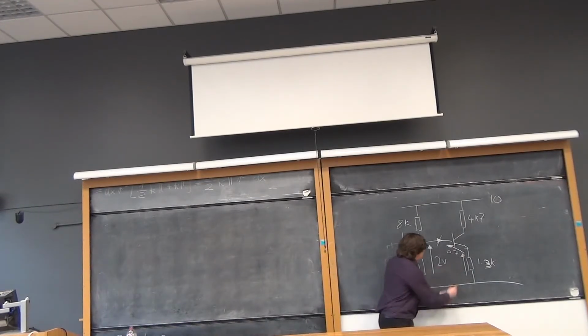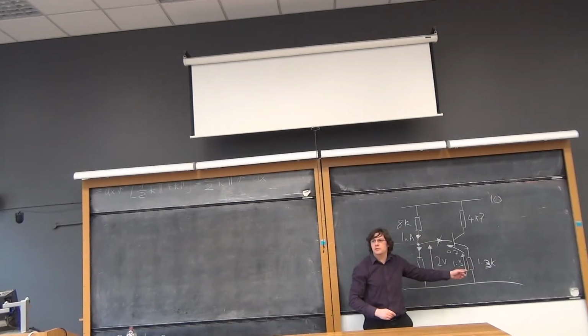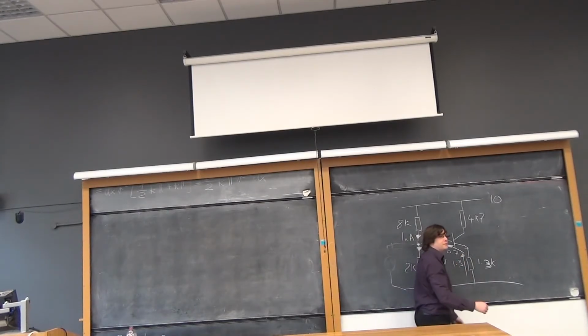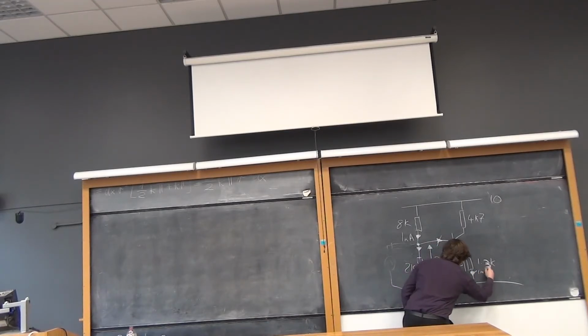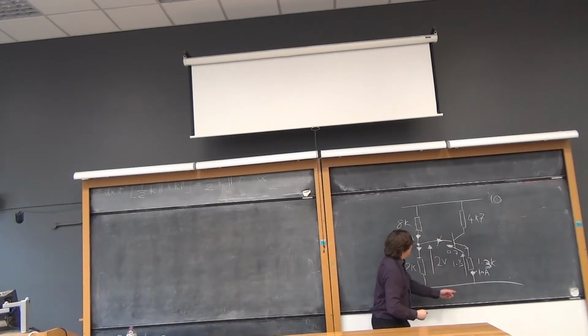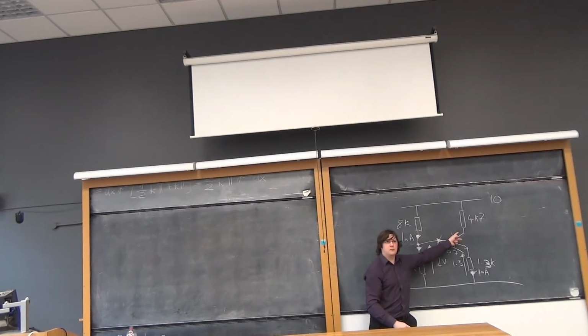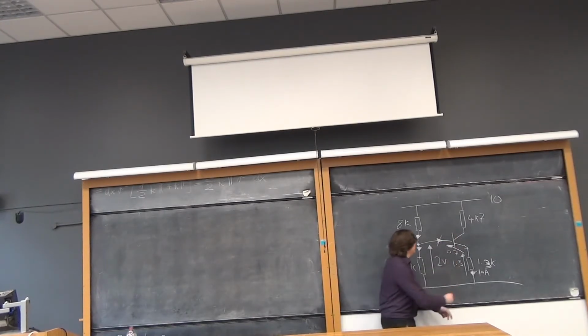So 1.3 volts here, which is why I picked 1.3 kiloohms, because I knew where I was headed with this when I started. So what's the current in this resistor? 1 milliamp. So I've got a milliamp there. So if we've assumed no base current, what should the collector current be? Milliamp.